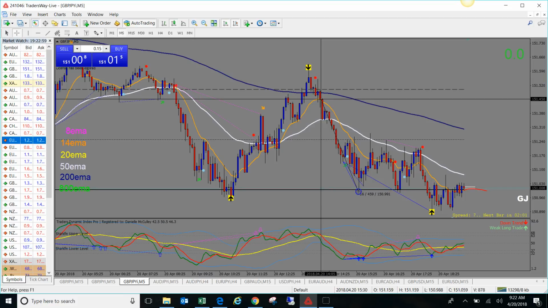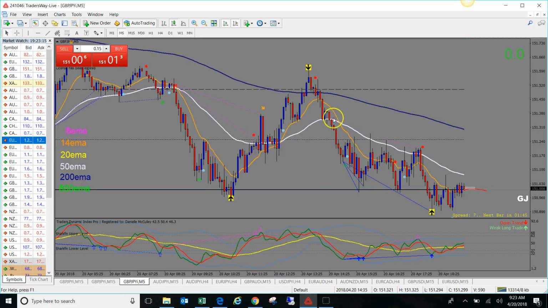Even if you missed it, it still gives you about 45 pips, which is good, because this is on the 5-minute. But as you can see, there's no drawdown. It's just going to drop. So that's how I use the 14.